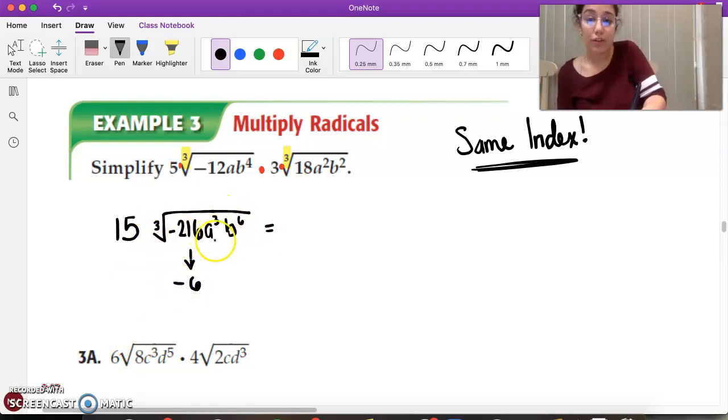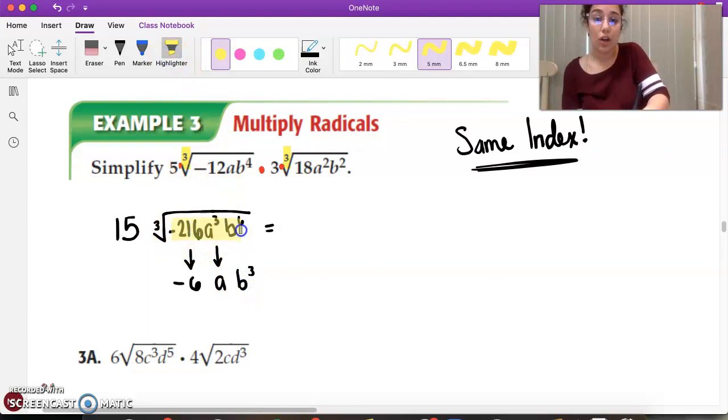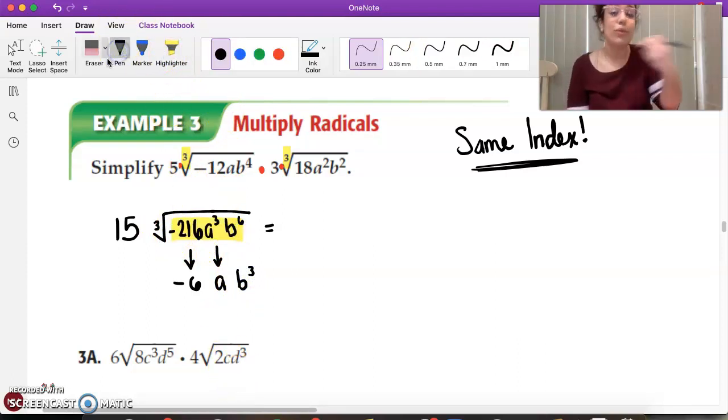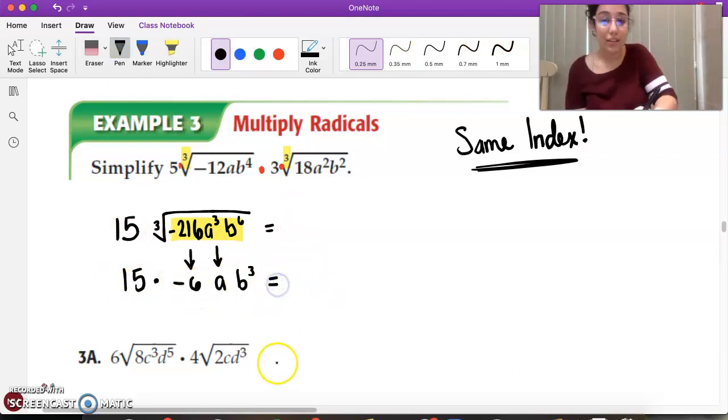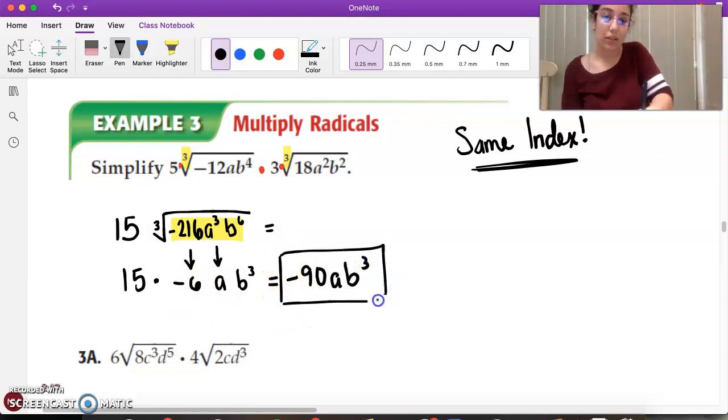The cube root of a cubed is a, and the cube root of b to the sixth is b squared. These are all perfect cubes, so that means that the cube root goes away. And the 15 comes down and gets multiplied. So the final answer is going to be 15 times negative 6, which is negative 90 a b squared. Final answer.